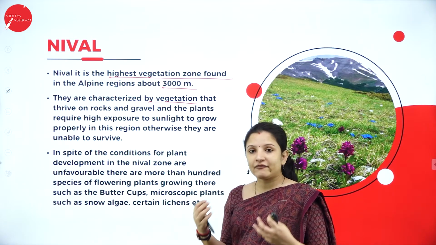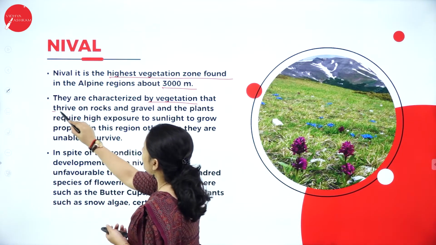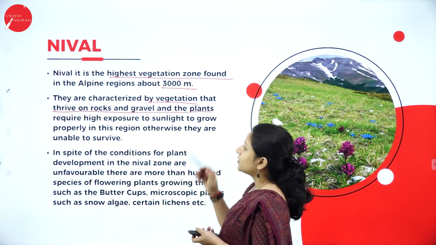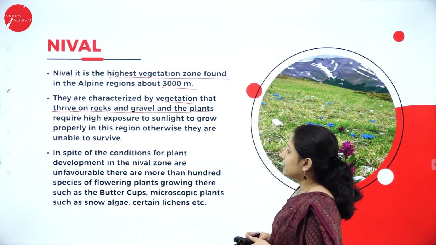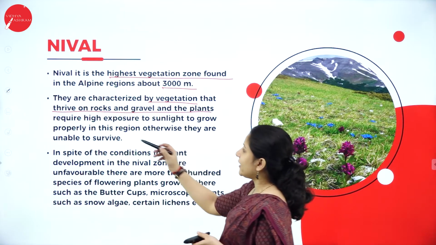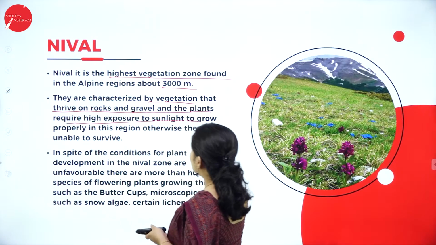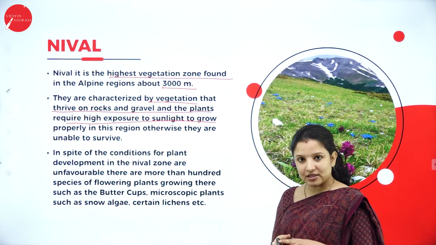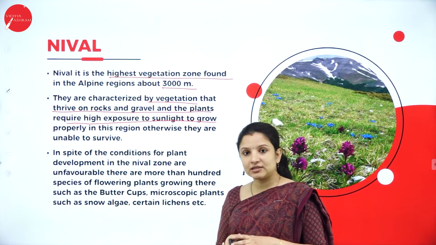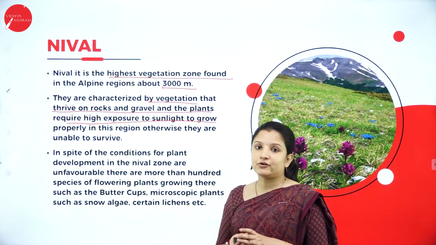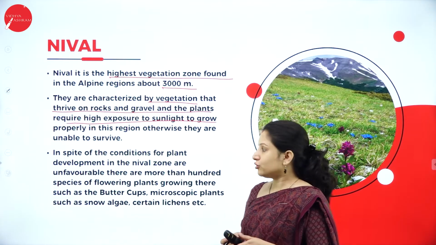So that is why they have vegetation which is capable of surviving in rocks and gravel. And the plants here require high exposure to sunlight if they have to grow properly in this region. Otherwise, if they don't receive enough sunlight, they tend to die and don't grow properly.